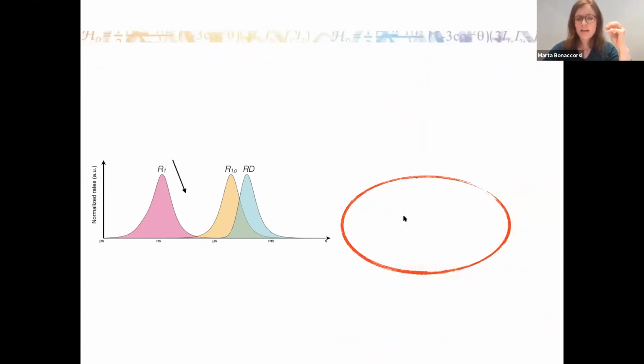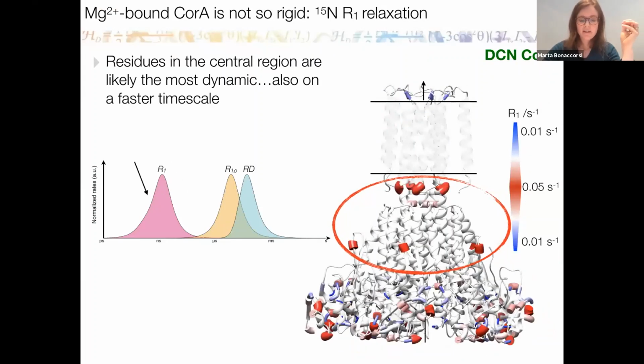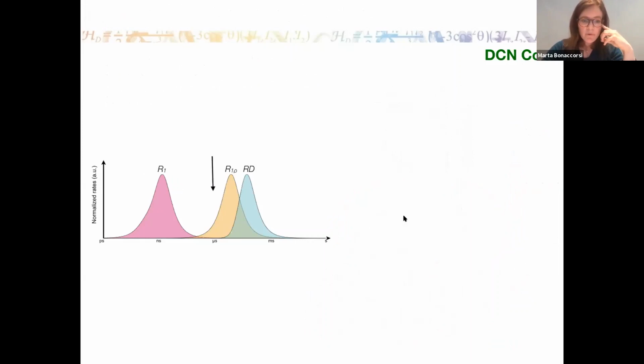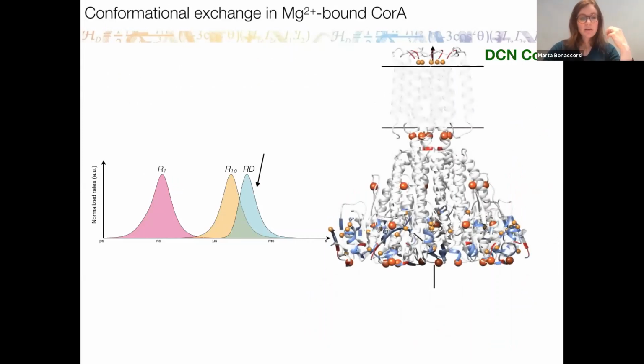This information is also confirmed on a faster time scale from the measurement of nitrogen R1. Even more interestingly, there is the acquisition of relaxation dispersion experiments, as these are very sensitive to the presence of conformational exchange with invisible NMR states.